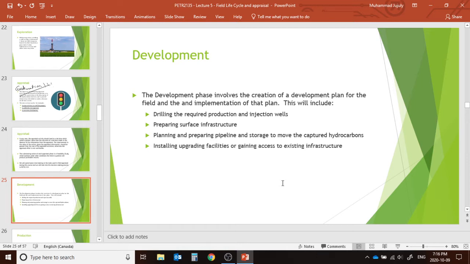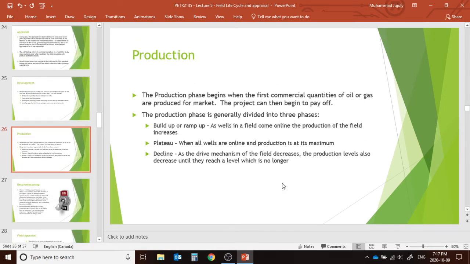That includes the drilling that requires production and injection wells, preparing surface infrastructure, planning and preparing the pipeline storage to move and capture the hydrocarbons, and installing and upgrading the facilities or gaining access to the existing infrastructure, and even more, okay. These are part of the field development, which is one of the highest investments the companies, or the operators, make, okay.